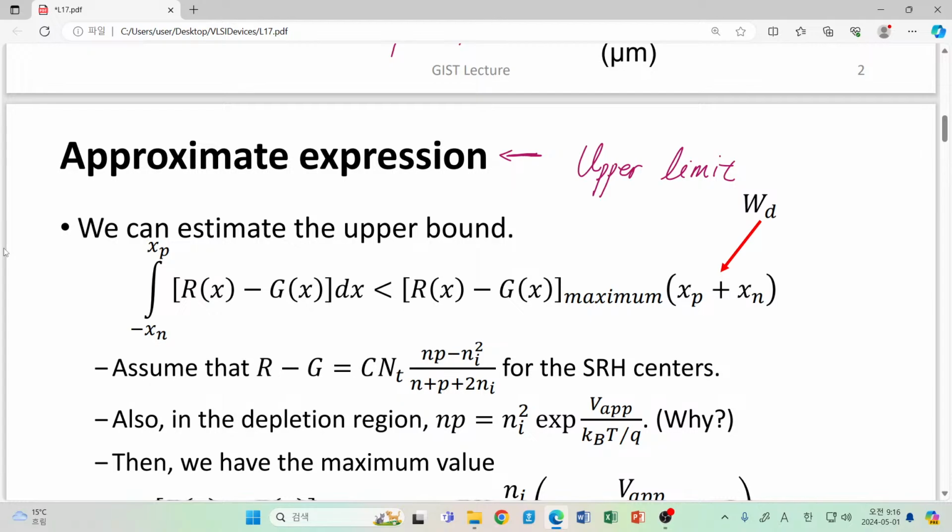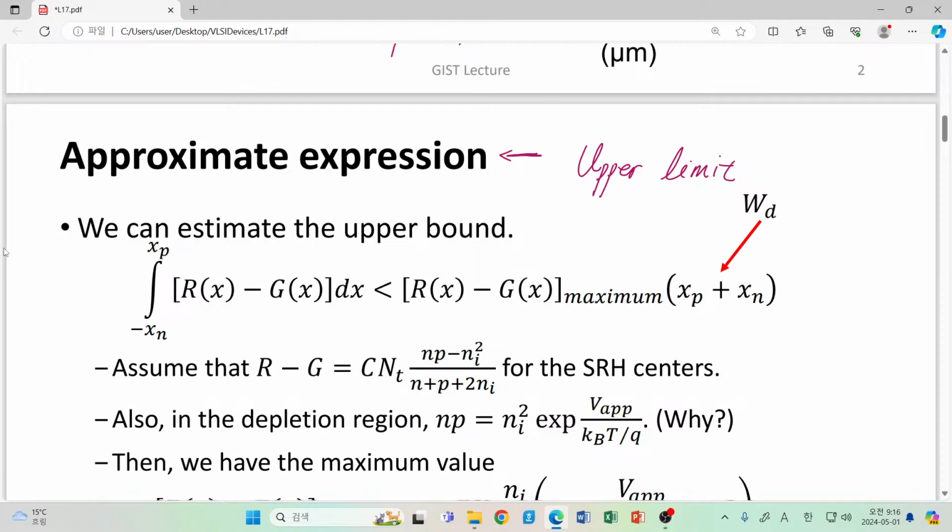limit of this value. If something is unwanted, what we usually do is to have a certain safe range for our application.